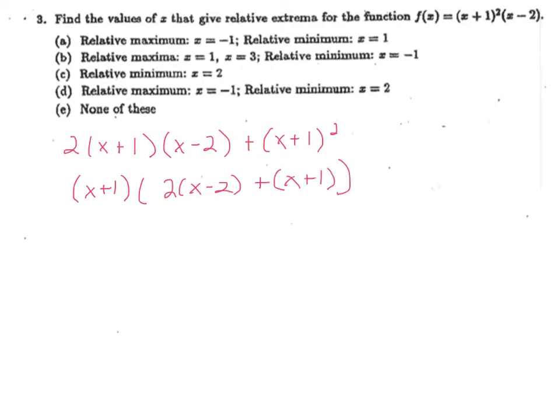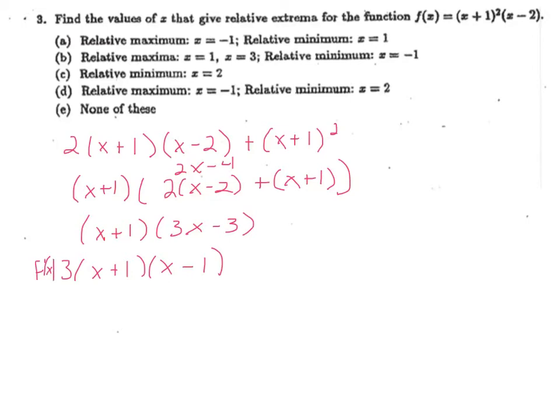And simplifying the inside, we'll get a 2x minus 4. So that would be a 3x minus 3. And then you can always pull the 3 out. Alright, so this is f prime of x.